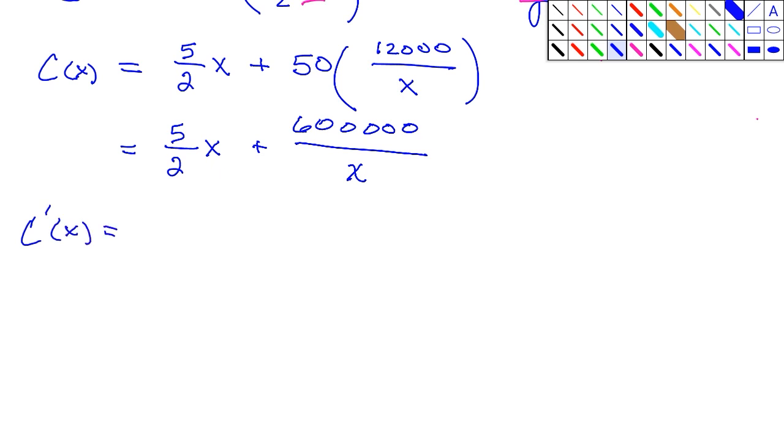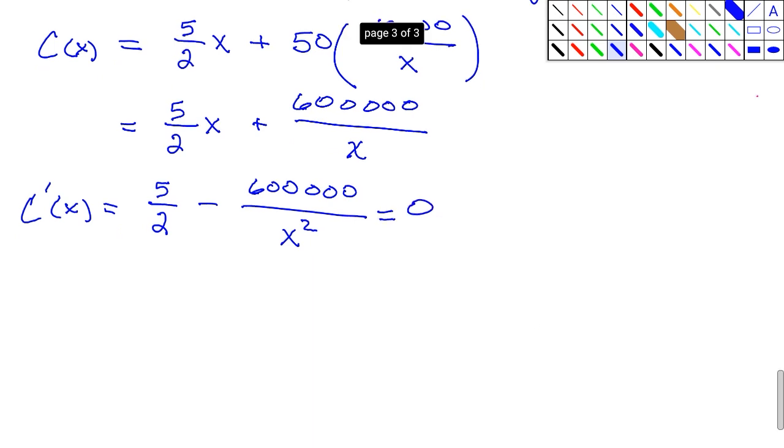I need to find the critical value, so I'm going to take the derivative. The derivative of 5 halves x is 5 halves. And the derivative of 600,000 over x is negative 600,000 over x squared. Find the critical value by setting this equal to 0.